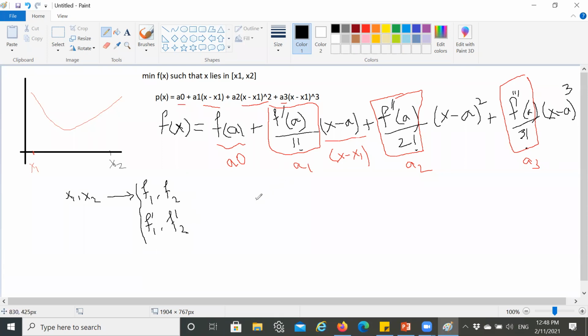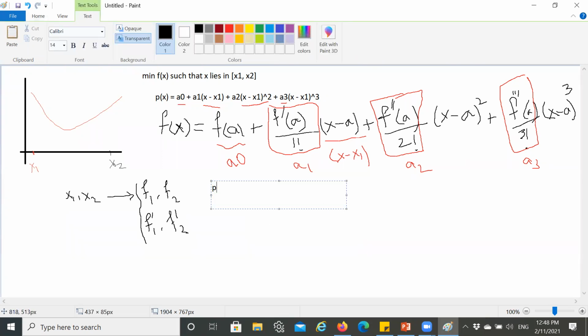So basically what I can write is P of, let me type it for you guys. Let me erase this so that you don't get confused. And now let's type it like above. P of x1 would be the same as f of x1, which I have written as f of 1. Don't get confused. So this is one equation.